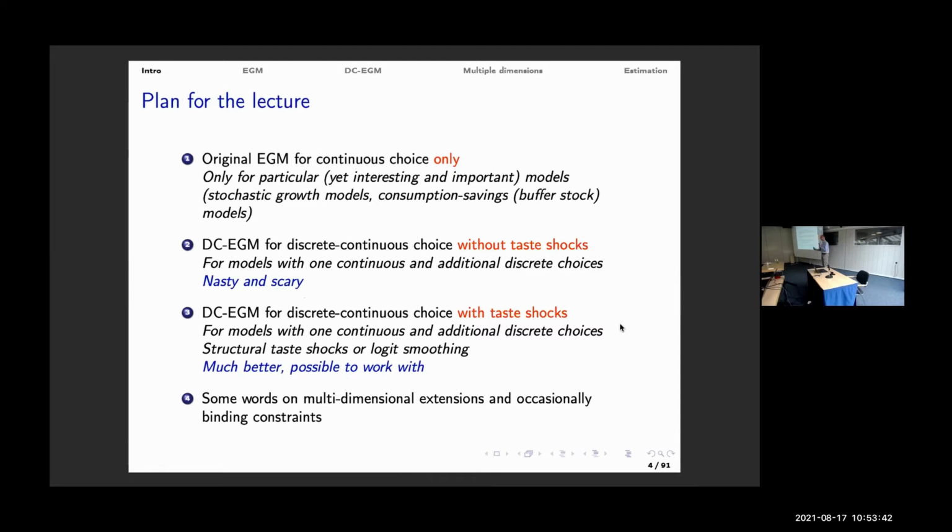Let's just toughen up and solve it. And you will see that it is not easy. And then we go into a relaxation of the setting where we add a little bit of magic of extreme value distributed taste shocks, and things become much more tractable and easy to work with.